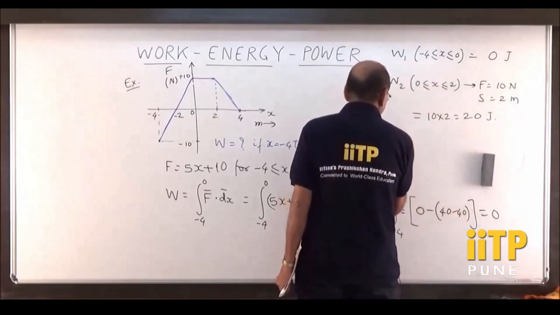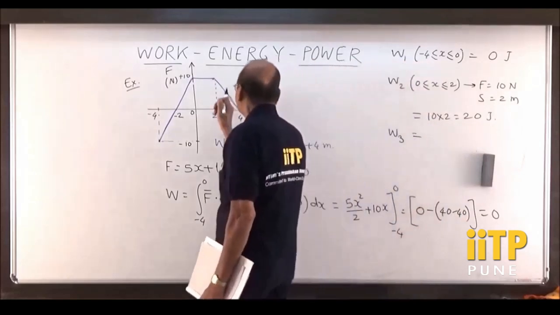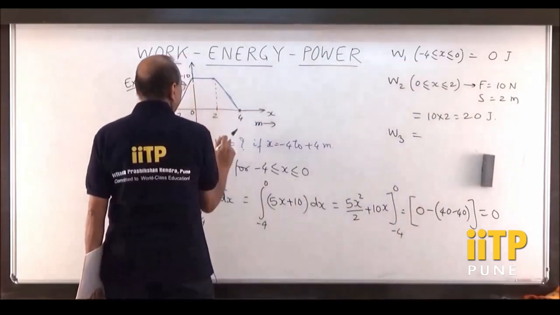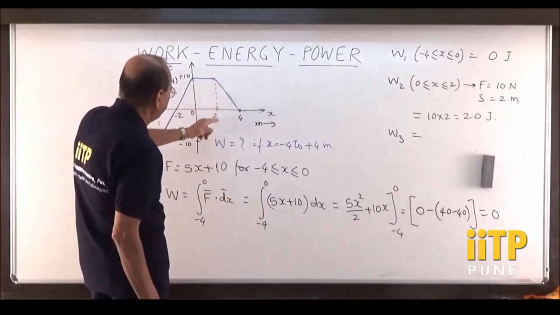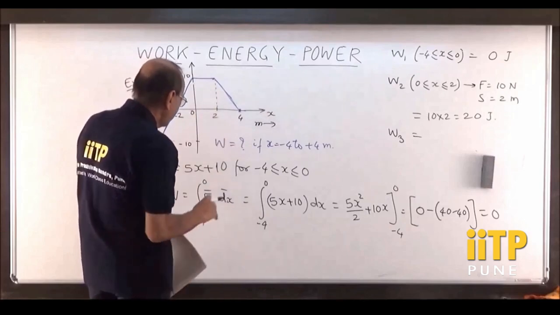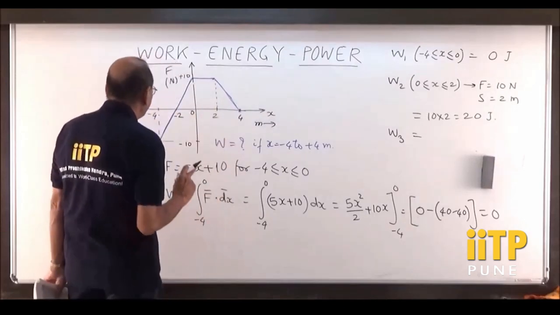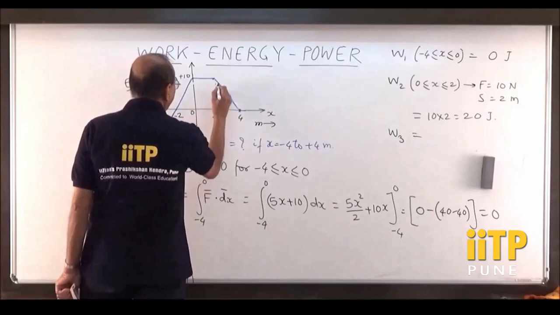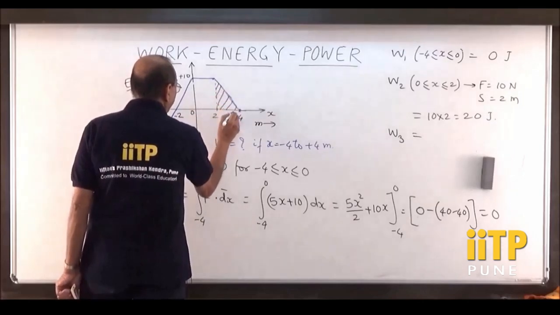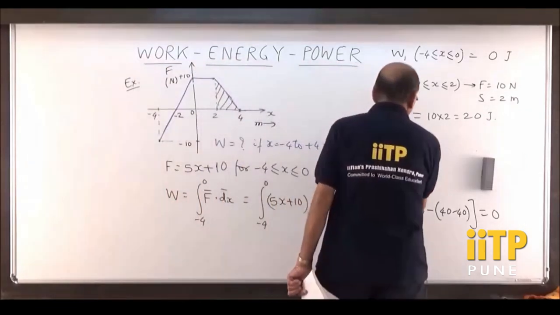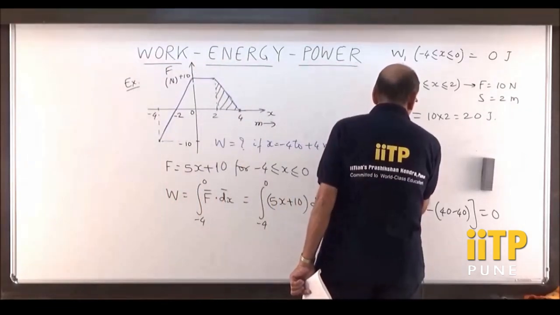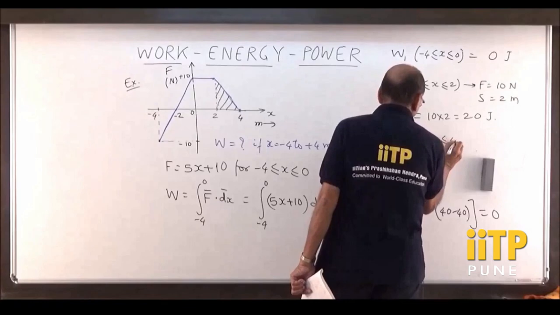Now let us find out the third part of the work done for this much portion. In this case also we can find out the equation for this and then integrate from 2 to 4. But we will not do that, it will take time. We will go back to our original method, area under the curve. So I will calculate this area under the curve for 2 to 4, W3, which is for 2 less or equal to x less or equal to 4.